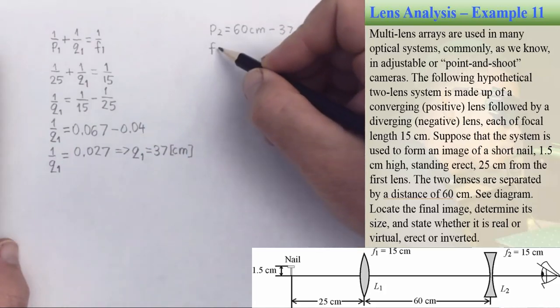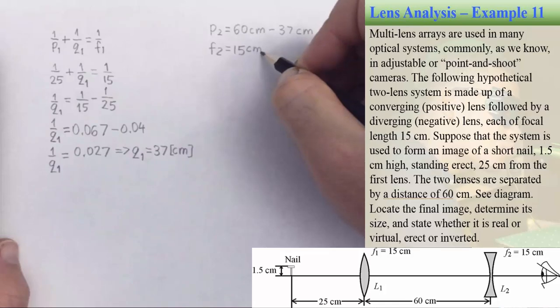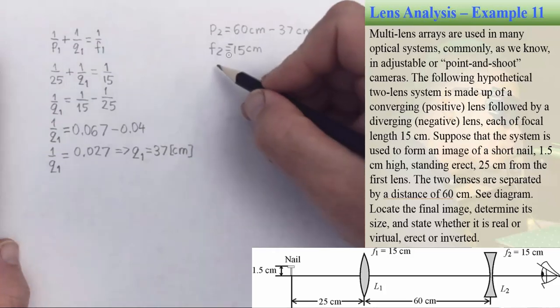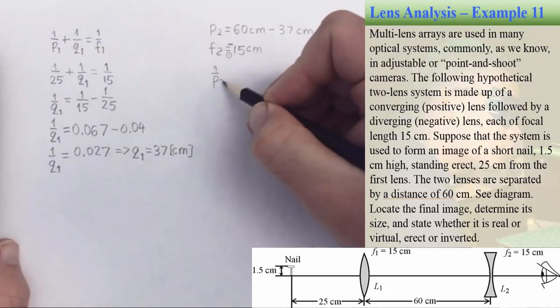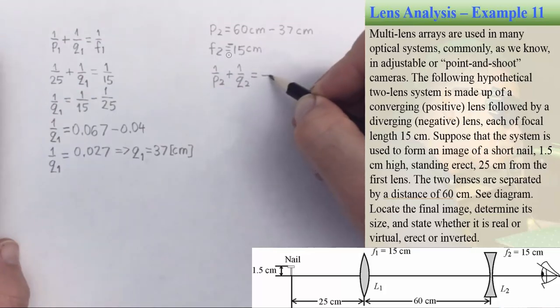We also know for the second lens that the focal length is also 15 centimeters, but in this case we're going to take the 15 centimeters with the negative sign because we are dealing with the diverging lens. And then we are going to apply the lens formula, so 1 over P2 plus 1 over Q2 is equal to 1 over F2.